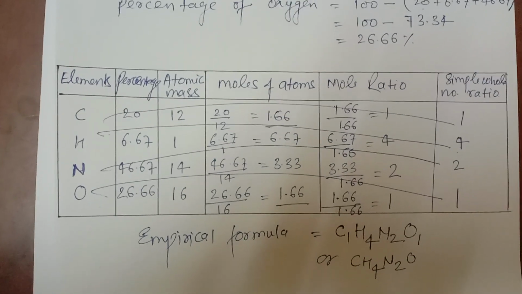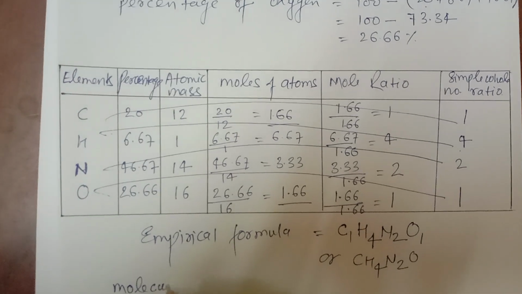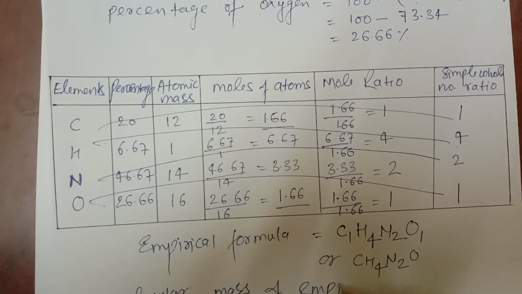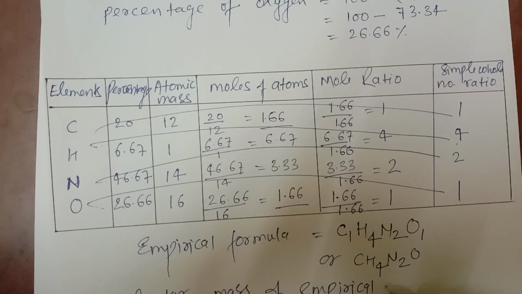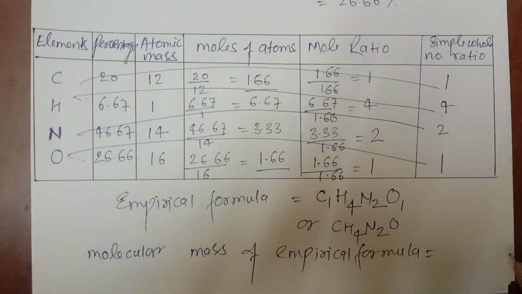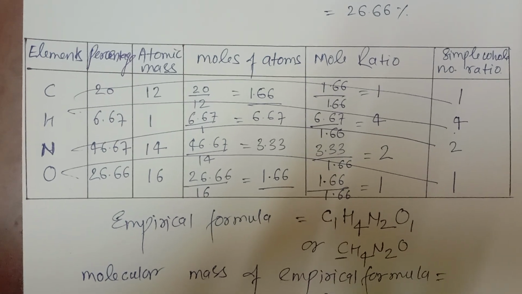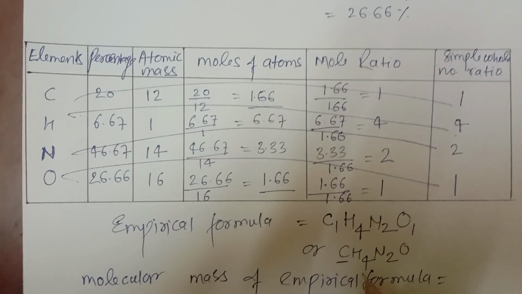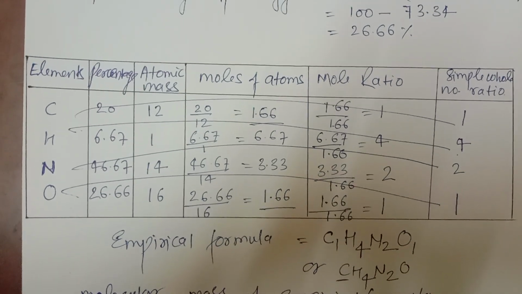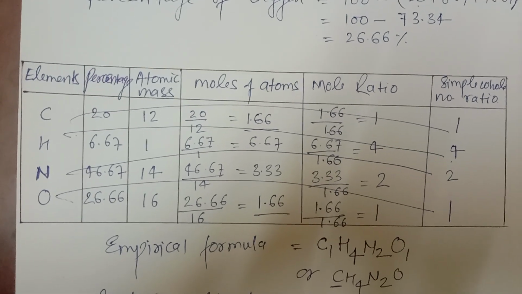Before arranging it, we will find the empirical formula mass. One carbon is 12, plus 4 hydrogen times 1, plus 2 nitrogen times 14, plus 1 oxygen times 16.